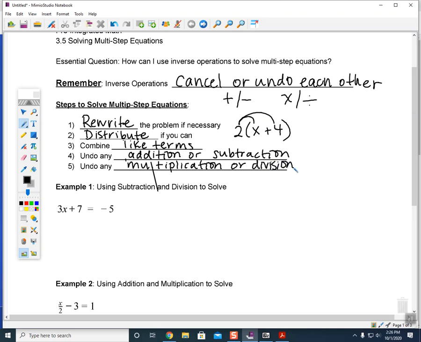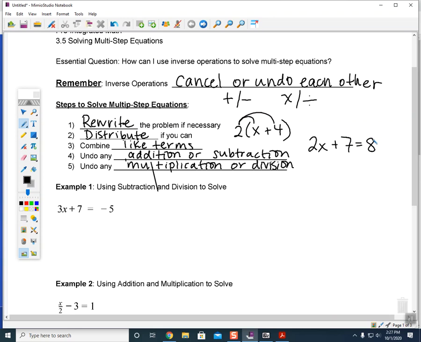So let's say that I have something like 2x plus 7 equals 8. If we were to follow our order of operations, the first thing that I would want to do is to get rid of my multiplication.